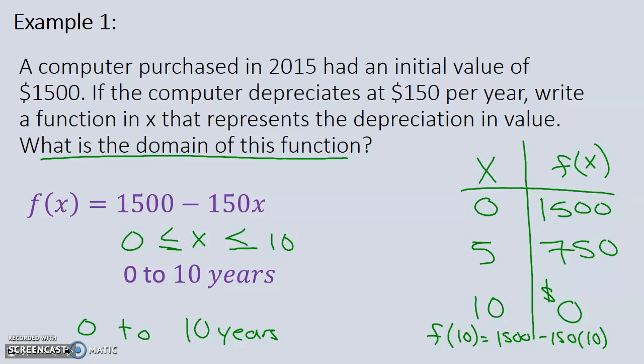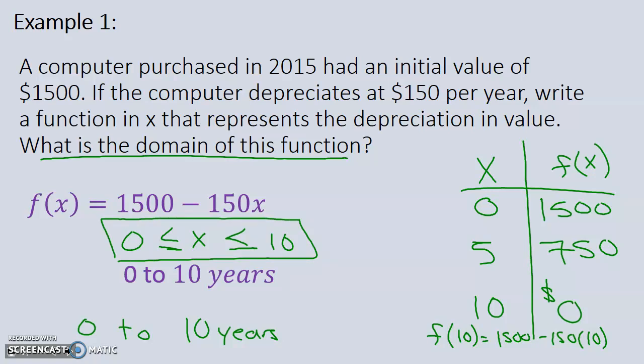So that's what it means by the real x's that would work in this case. So 0 years, 1 year, 2 years, 5 years, 7 years, 8 years, all the way up to 10 years are my possible domain, possible x's, possible inputs if you want to call it that way.